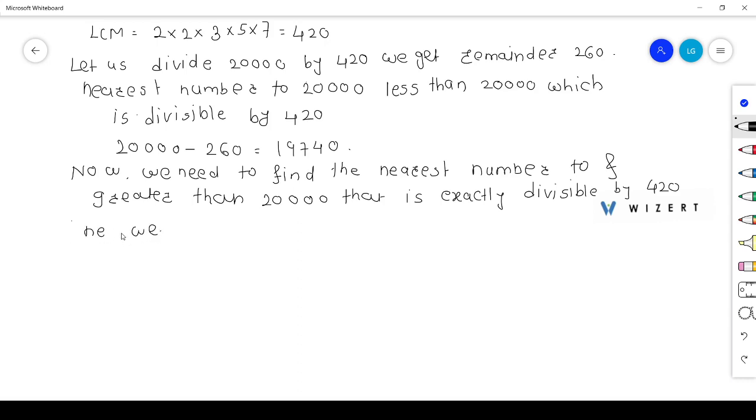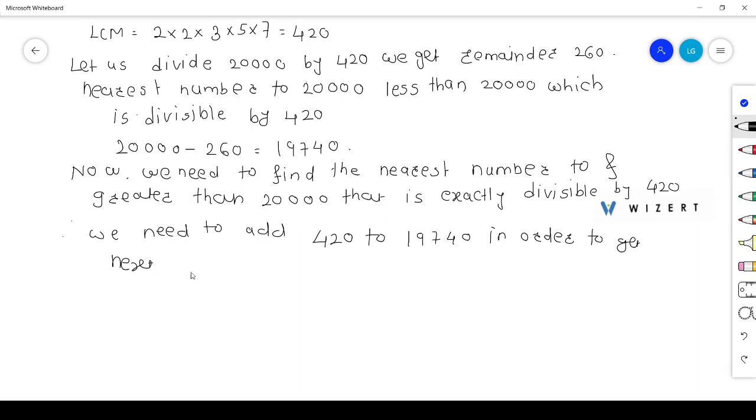we need to add 420 to 19,740 in order to get the next number.